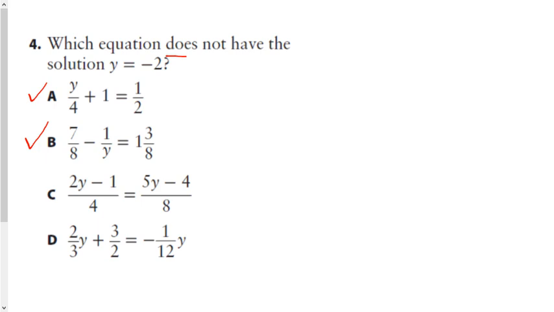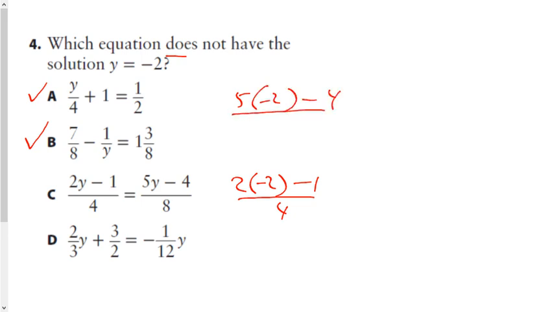So here we have variables on both sides. So 2 multiplied by the value of y, minus 1 divided by 4. And we have another one of 5y minus 4, which is going to become 5 times negative 2 minus 4 divided by 8. Now, if these two expressions are equal, then we know that y is equal to negative 2, because we substitute negative 2 for both.